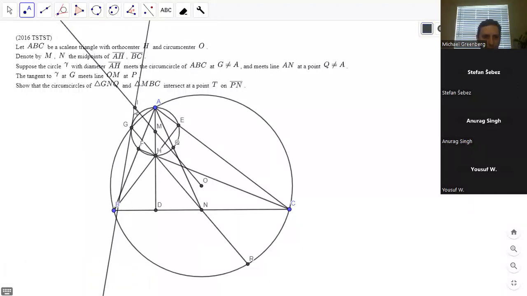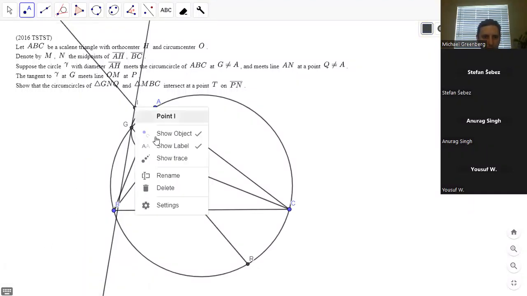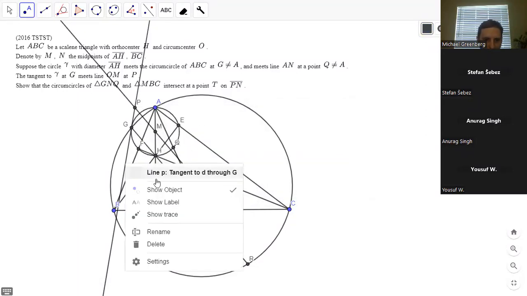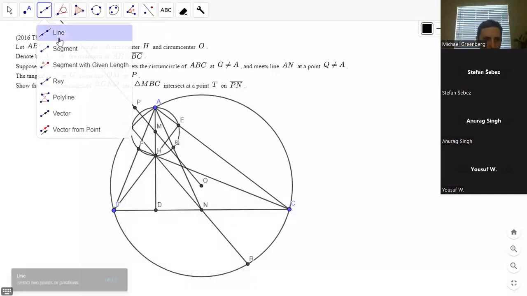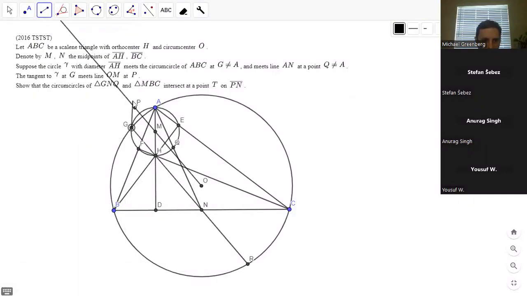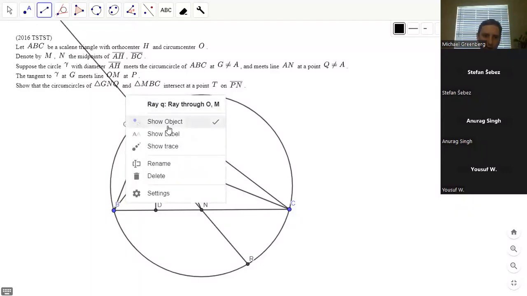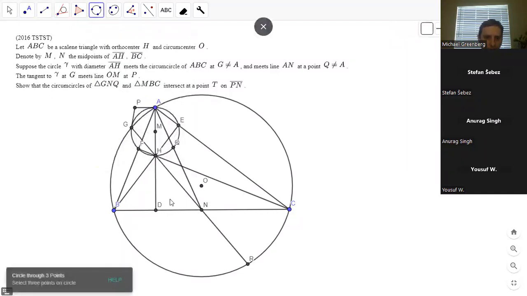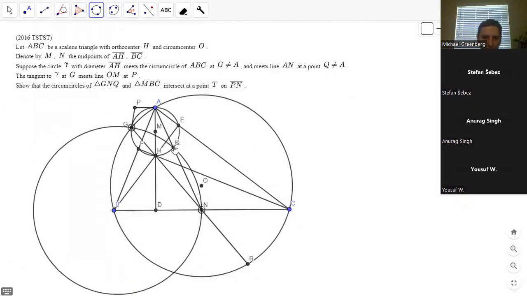So this is P. Okay. P is really just the intersection of the tangents at A and G, right? Yeah, we can ignore P in that way then. And we want to show that the circumcircles of G, N, Q, oh yeah, we don't really need point P. So we have G, N, Q, and MBC.